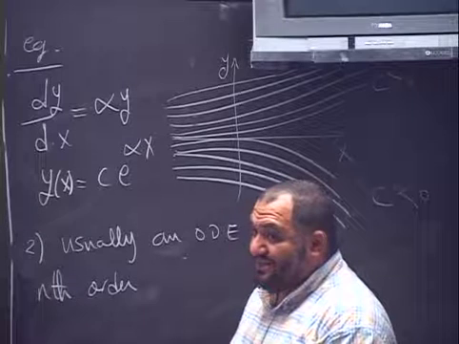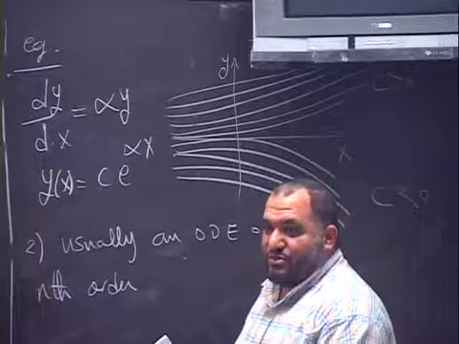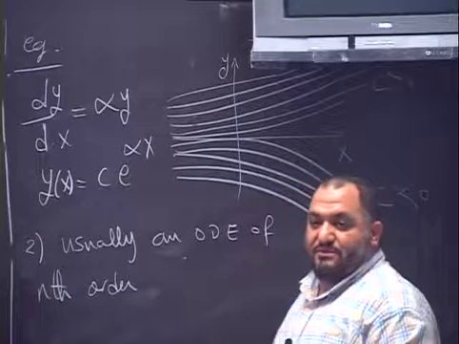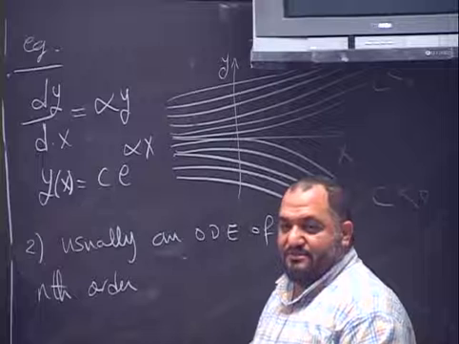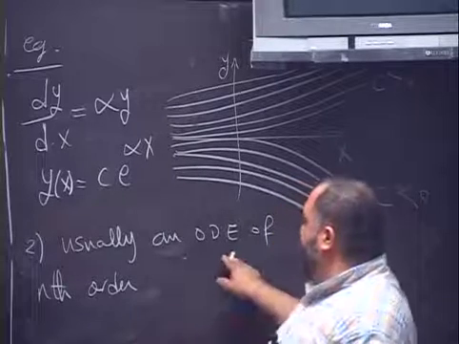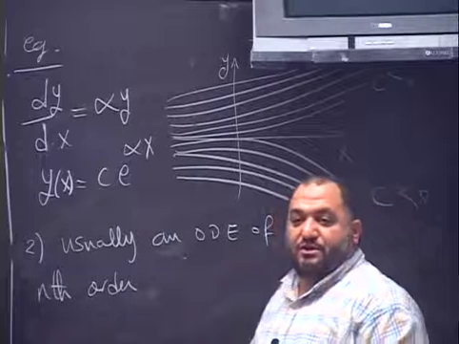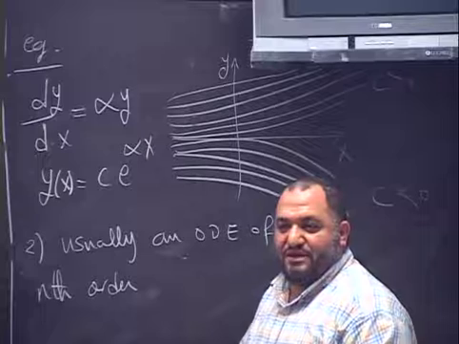What's the order of the differential equation we just stated? The highest derivative. The order is the highest derivative. So if the differential equation is of nth order, the highest derivative is the nth derivative.